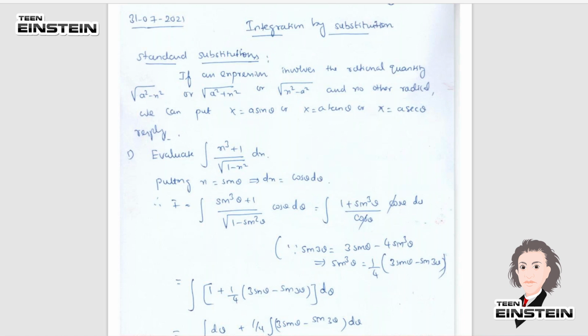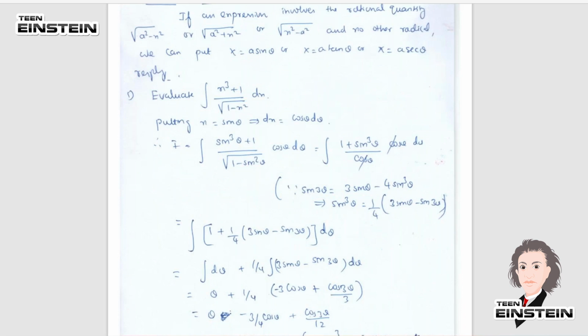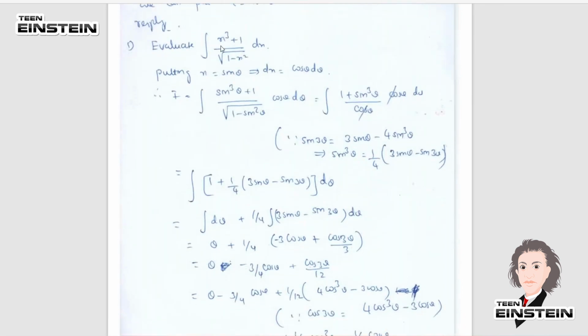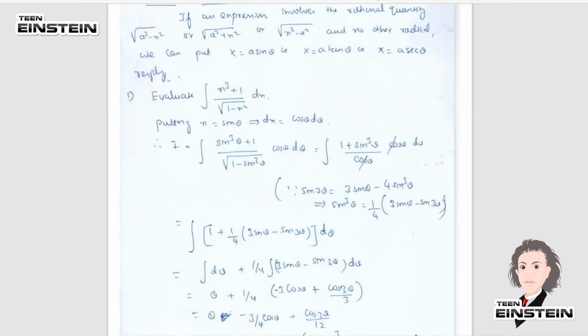We see one problem based on this. Evaluate integral of x cube plus 1 upon square root of 1 minus x square dx. See the denominator, I'm having square root of 1 minus x square. It is of the form square root of a square minus x square, where in the place of a square I'm having 1 square.